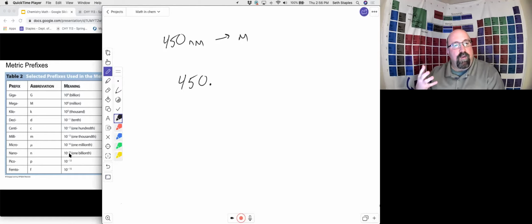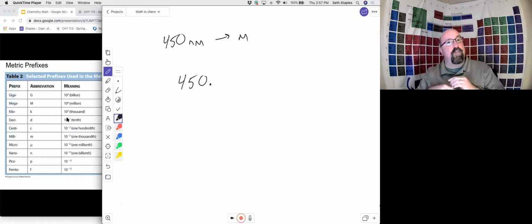We also know that we're going from nano to our base unit, the other direction. So we're going from a smaller unit to a larger one. That means that our number is going to get smaller.